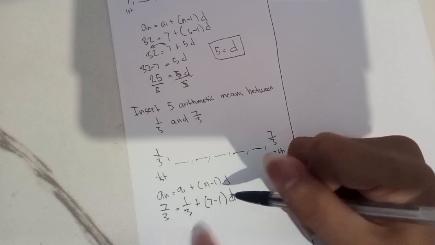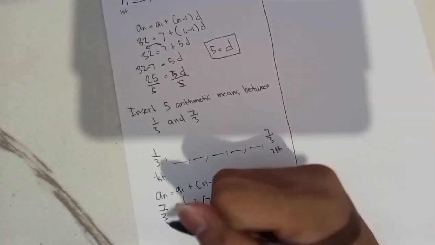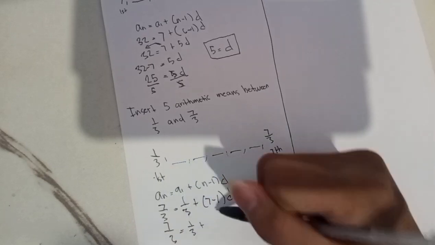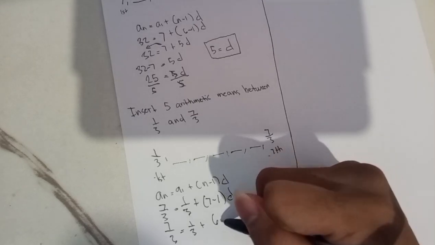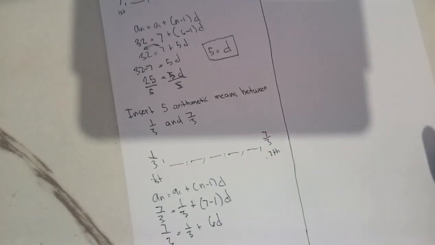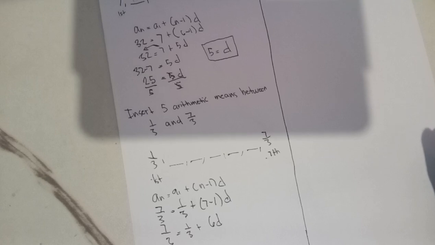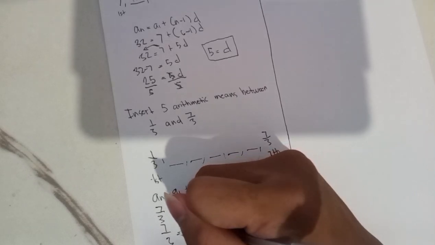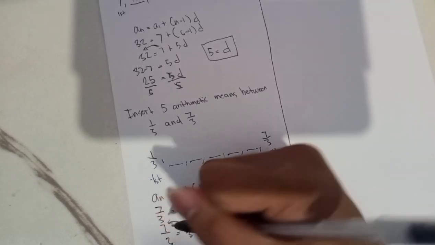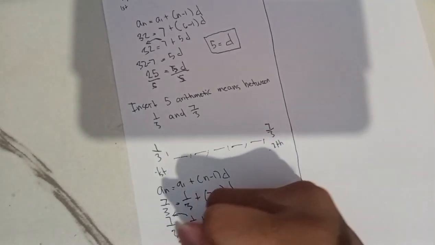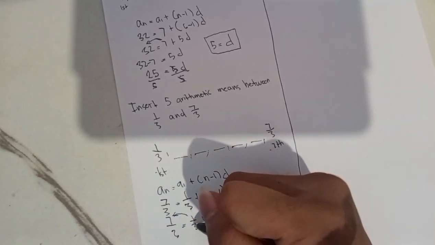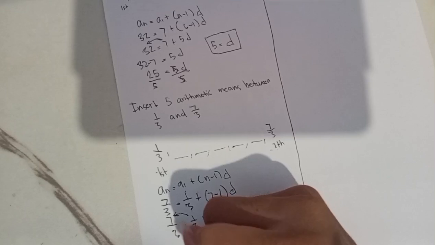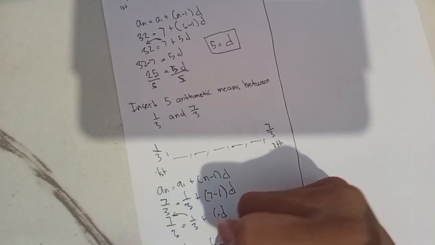So, let's solve for 7 minus 1. That's just 6. Then d. Okay. So, what do we do next? We will lipat 1/3 sa left side ng equation. So, 7/3 minus 1/3 is equal to 6d.